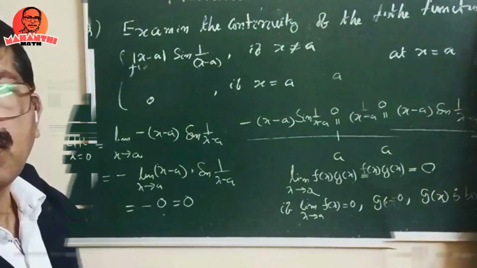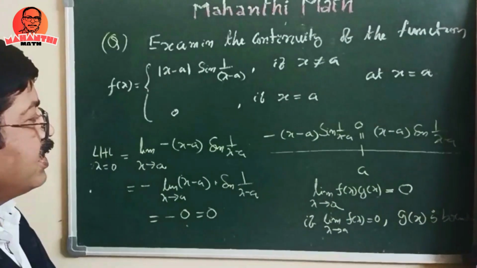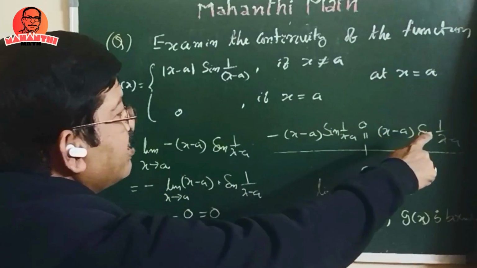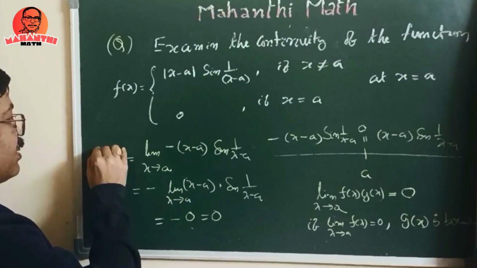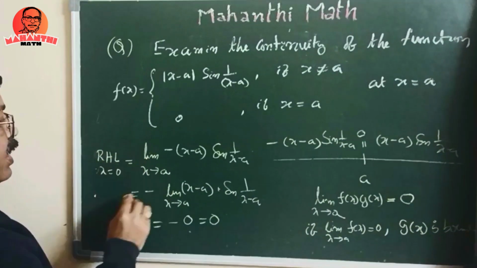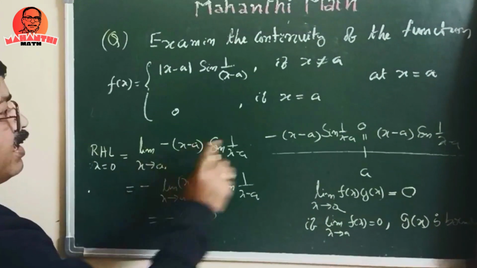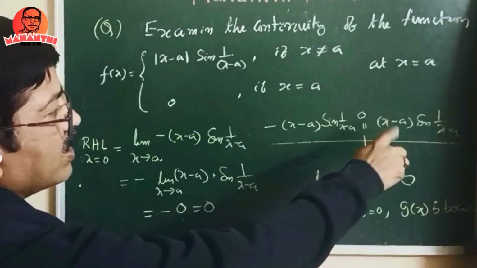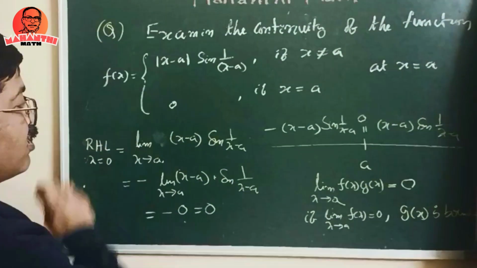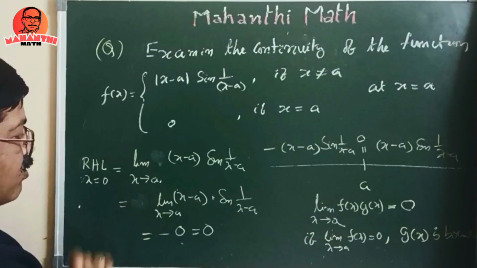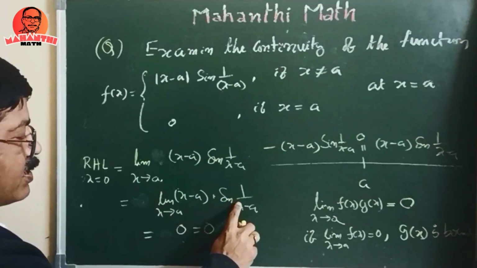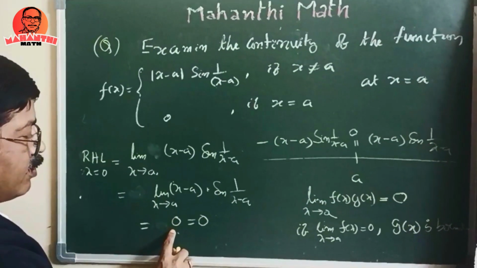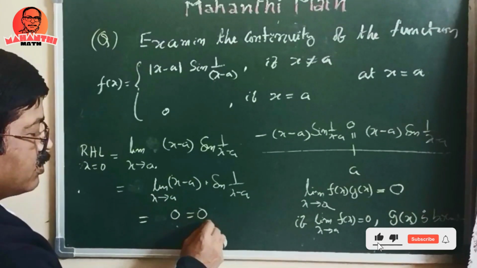Now we will go for RHL. RHL is x minus a into sine 1 by x minus a. So now I will write RHL equal to limit x tends to a, x minus a into sine 1 by x minus a, this minus won't be there. Again, this is 0, this is a bounded function. So the limit of the product is 0.